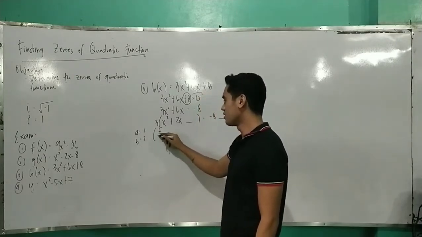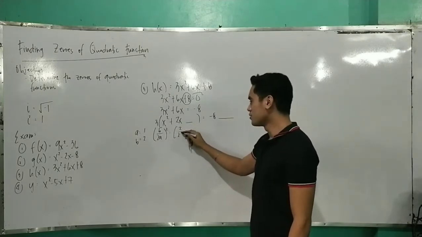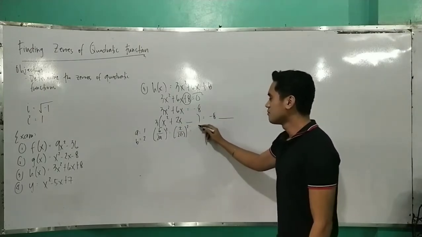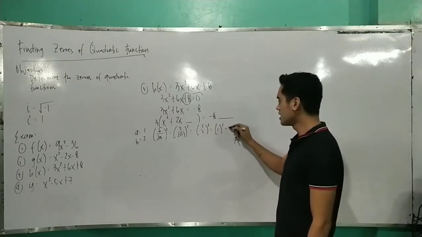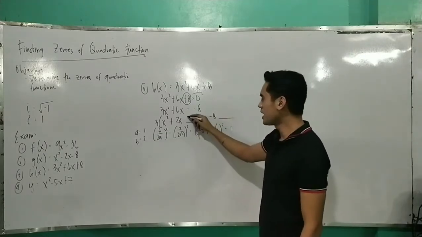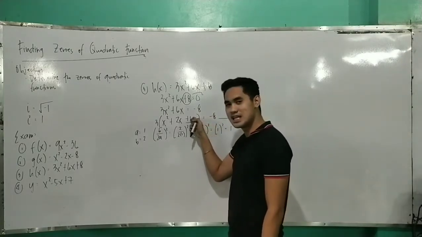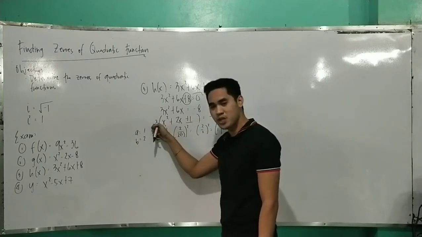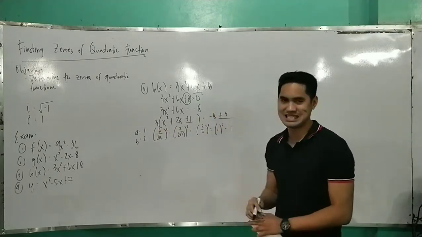Meron tayong b over 2a squared, 2 over 2 times 1 squared, 2 over 2 squared, 1 squared, 1. Meron tayong plus 1. So, 1 times 3 is 3, ibig sabihin ang ilalagay nyo dito is plus 3.